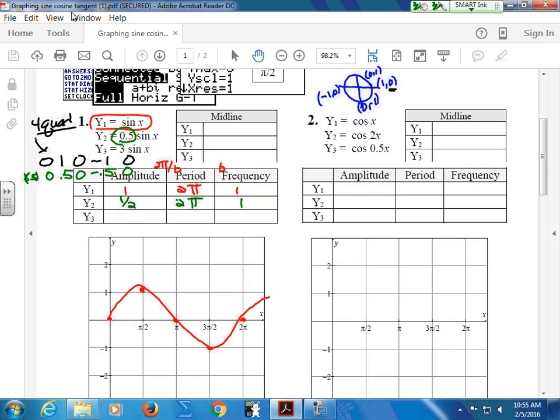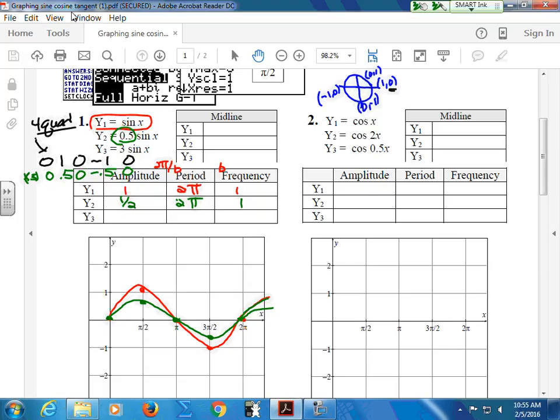So every 90 degrees, this should still be happening. So now we go 0, 0.5, 0, -0.5, 0. Good. So all we did was change our amplitude.